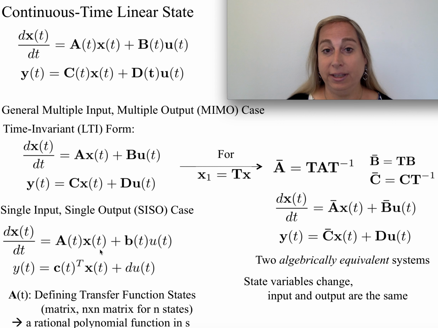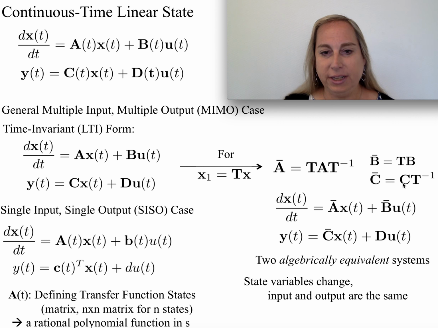One neat thing that happens is that I can talk about, let's say I have a linear time invariant system, and I decide to transform my states x to x1 through a matrix T. Well, if I make the transformation and I transform A into A bar through T inverse, again, if you are thinking eigenvalue solutions, this feels very similar in terms of decomposition, and there are some really interesting values there.